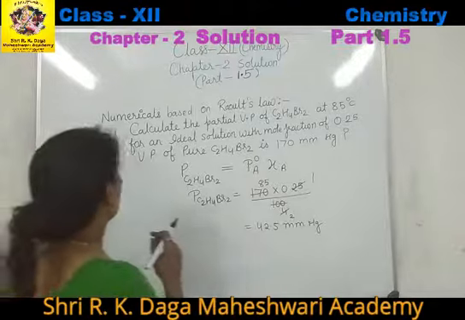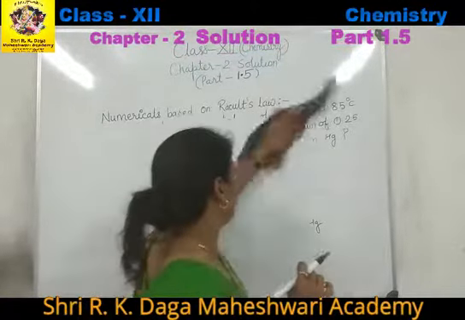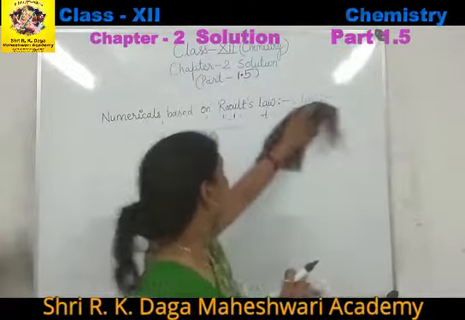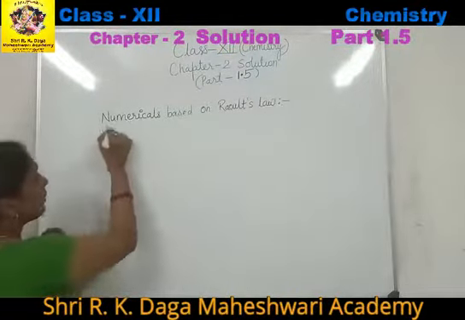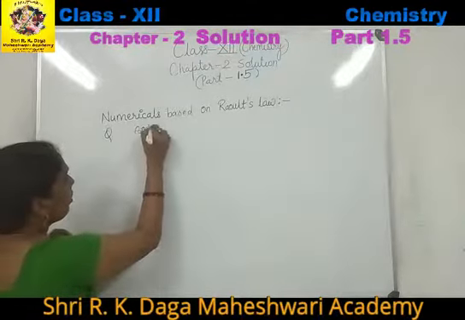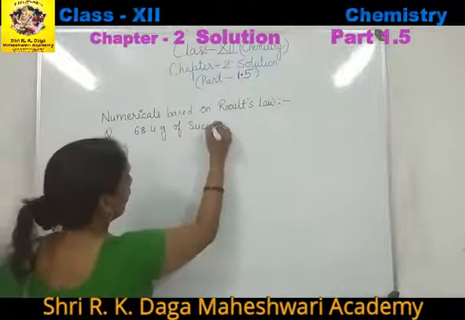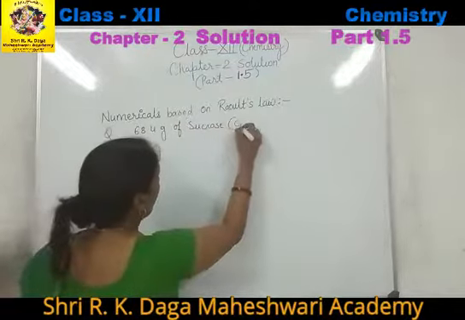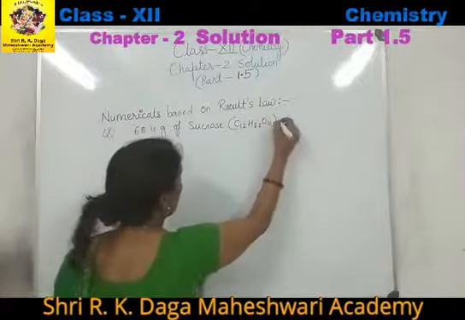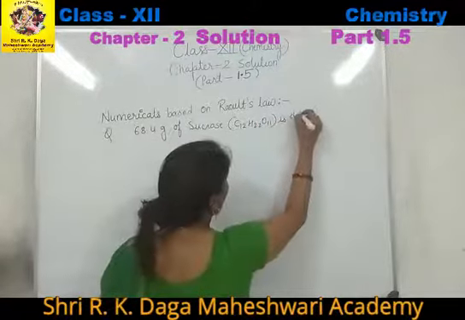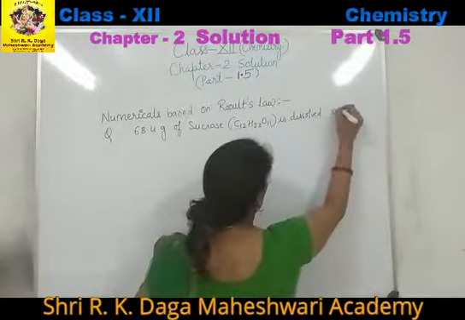Now I am taking another question on Raoult's law. The question is: 68.4 gram of sucrose, sucrose means sugar, formula C12H22O11, is dissolved in 1000 gram of water.